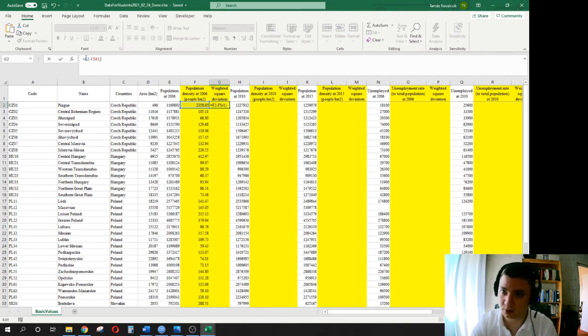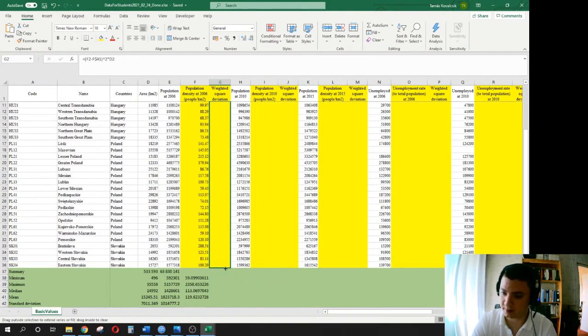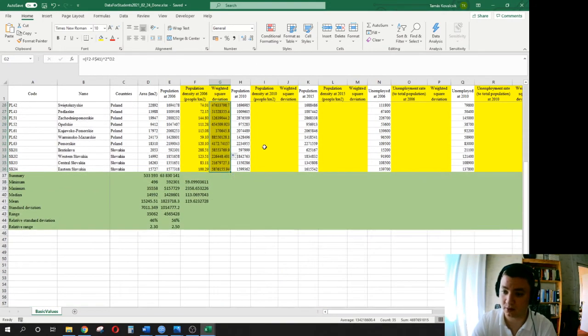Then we have to square it, and multiply by the area. This is the formula for the weighted square deviation, and grab it to calculate all of them.